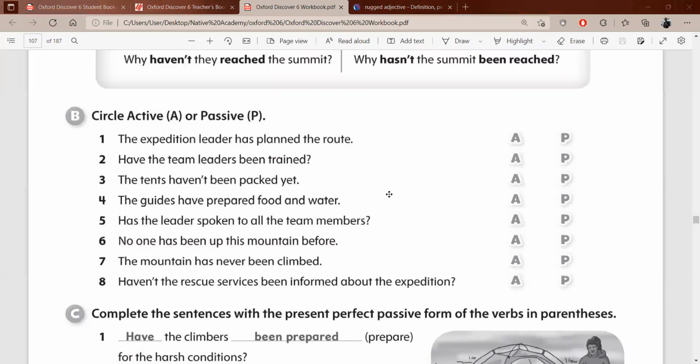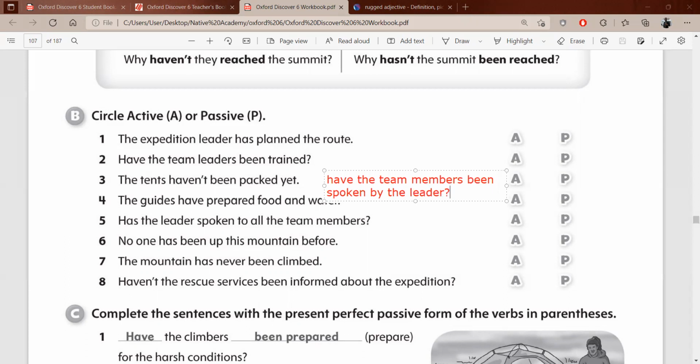Have the team members been spoken by the leader? Again, please. Have or has? Have, yes, because it is members. Well done. Have the team members been spoken by the leader.